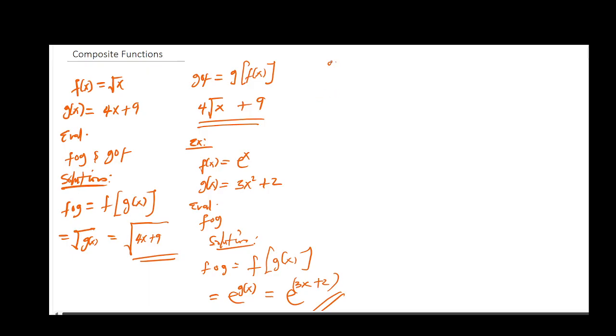Let's solve for g of f, which will give us g of f of x, which is equal to, our g is 3 times f of x squared plus 2. So we are going to have 3, and our f of x will give us the exponential squared, plus 2.